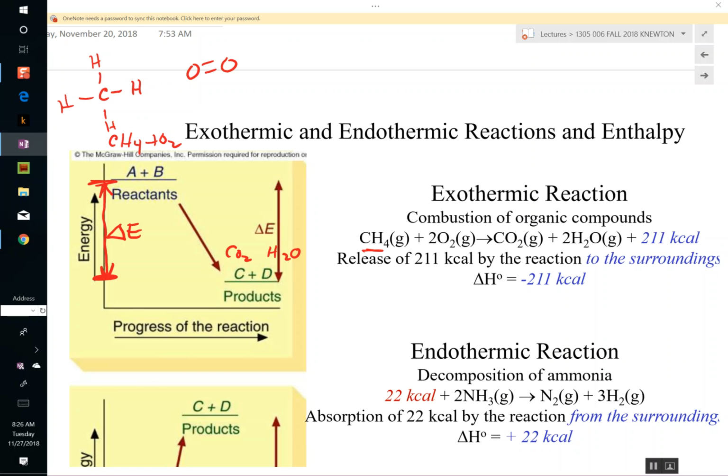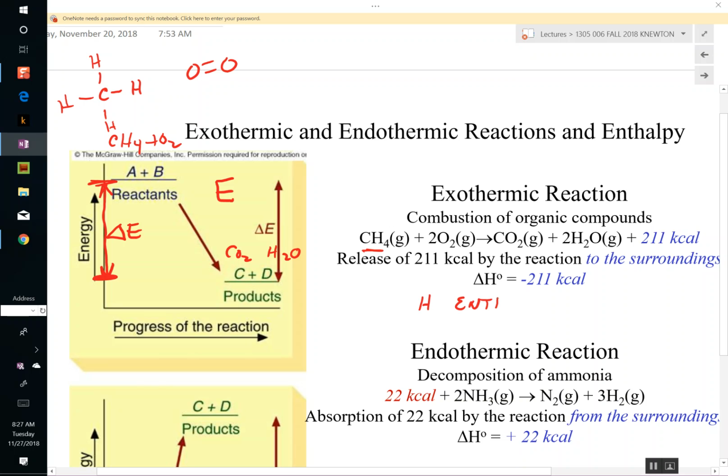Now you can see that it's referred to as E over here as energy, but we can talk about nuclear energy, we can talk about electrical energy, we can talk about mechanical energy, like an internal combustion engine, the work that your engine is doing, that's work. But H here is enthalpy.